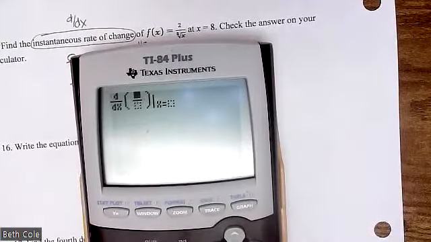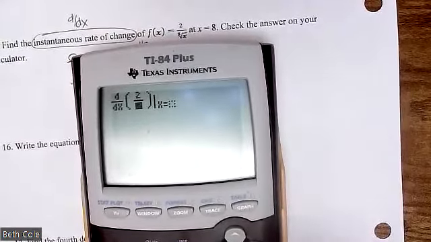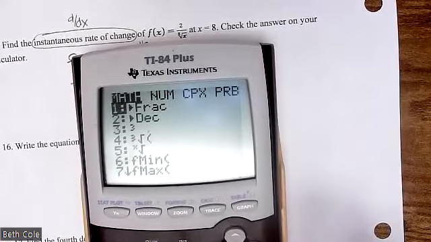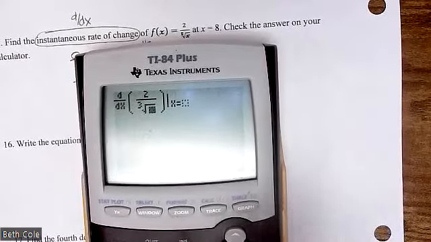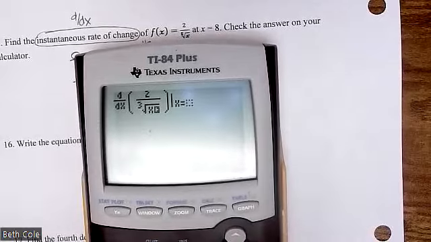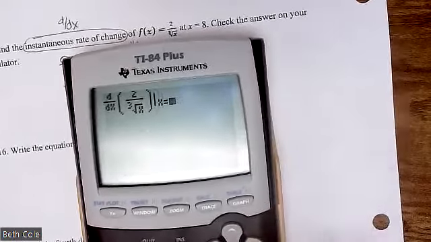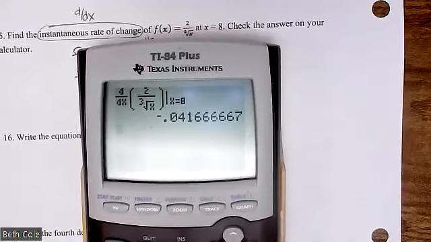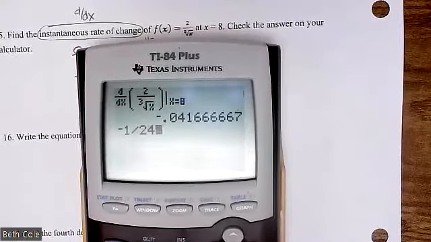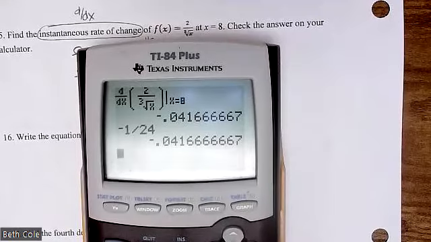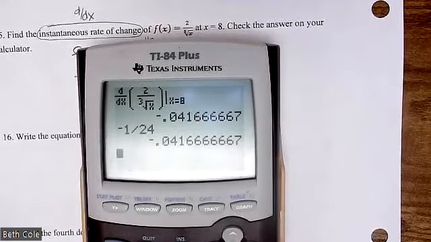Alpha y equals will give you that fraction bar. 2 over cube root is also in the math menu. If you ever can't find something, try the math menu. That's where everything is. All right. And then such that 8. And then if you want to check negative 1/24, that's what it came out to. Wild. I know.